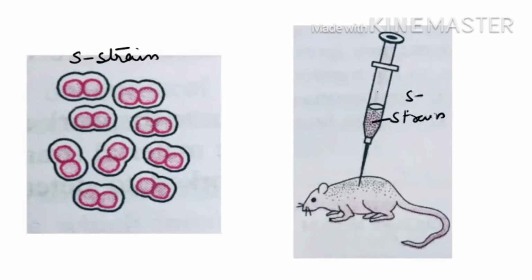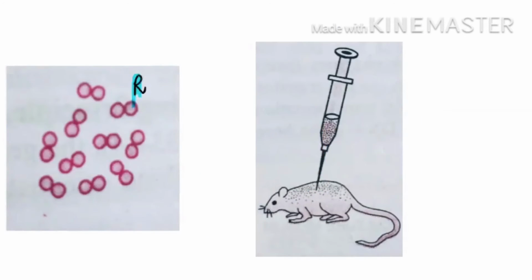The S strain of bacteria was injected into the mice. And finally we find that the mice died. Then he used the R strain of bacteria, and this R strain is injected into the mice.